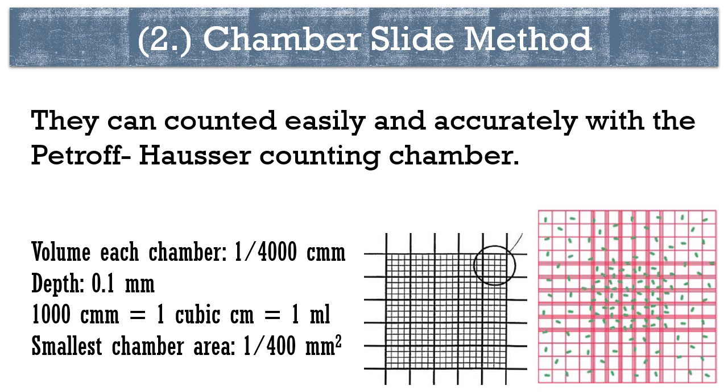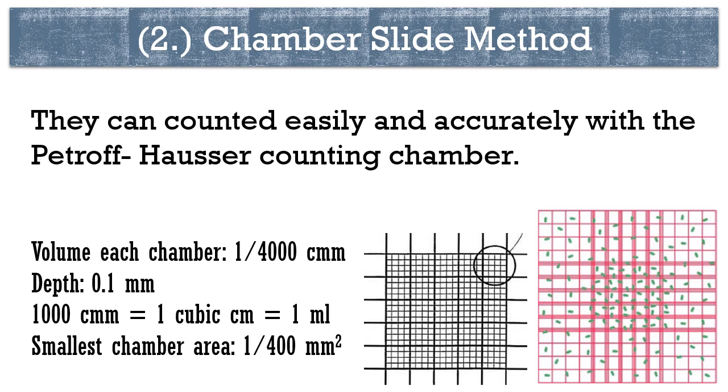As shown in the figure, on the bottom of the chamber is an etched grid that facilitates counting the cells. There are mainly two types of chambers available. The first one is the Petroff-Hausser chamber. The other one is the hemocytometer, that you already know, that is Neubauer's chamber.